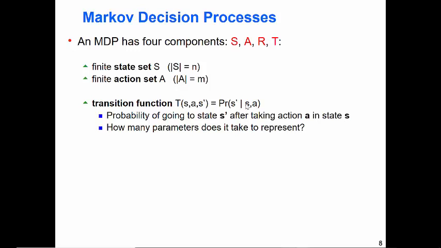And just to make sure we're understanding things, if I wanted you to write down all the parameters that are needed to specify T, the transition matrix, how many numbers or parameters are we going to have to specify?